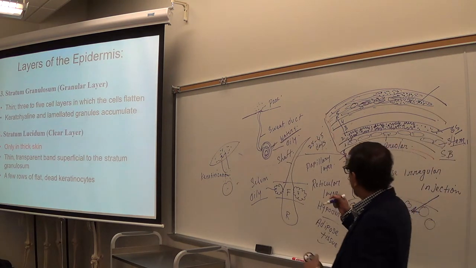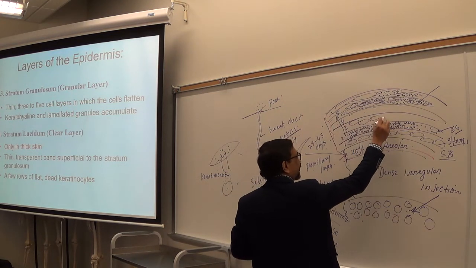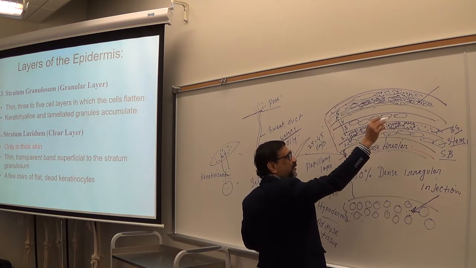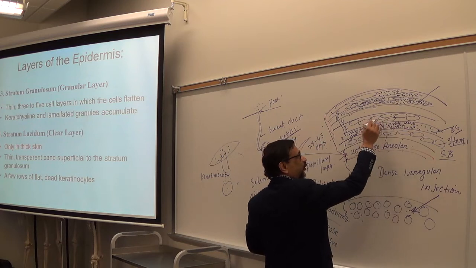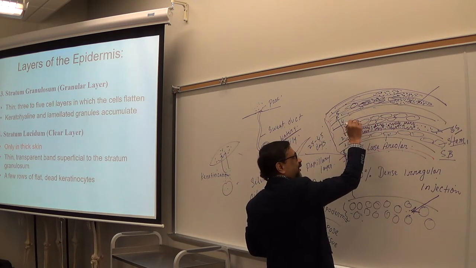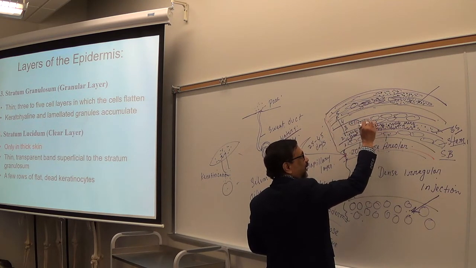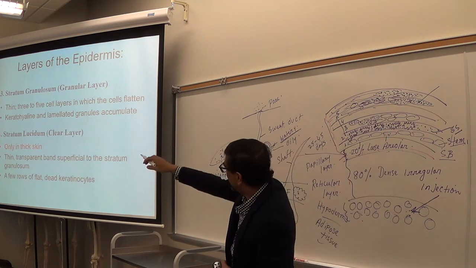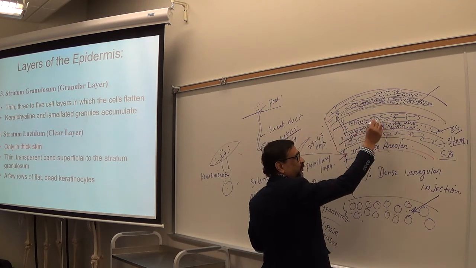Okay, next layer is called stratum granulosum. You see, all these make sense. Why is it called spinosum? Because the cells have spines. This layer is called stratum granulosum. Why? Because the cells are filled with granules, two types of granules, keratohyalin and lamellated granules. You see the names, keratohyalin and lamellated granules.